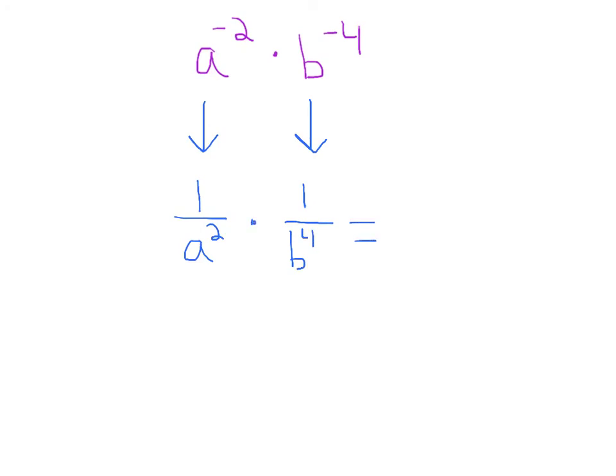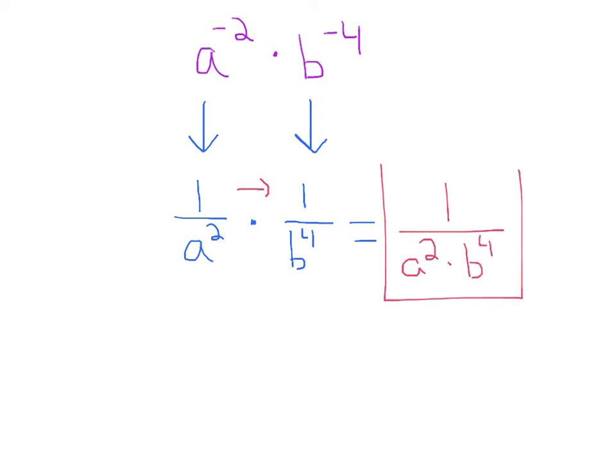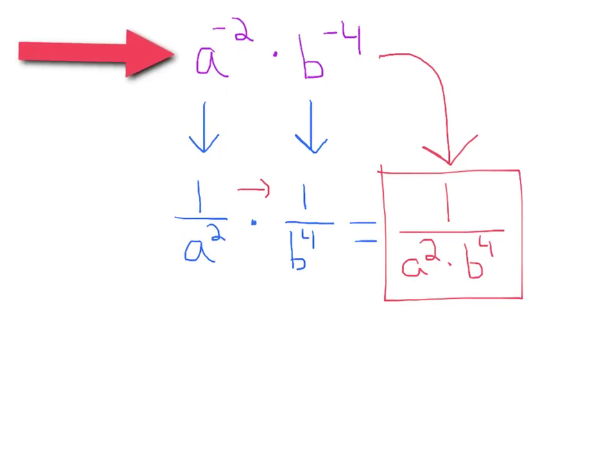So when you multiply the top numbers, 1 times 1 is just 1. And then on the bottom we just have a squared times b to the 4th. And that is our final answer. We're just rewriting without negative exponents. And since they were both negative, they both went to the basement and became positive.